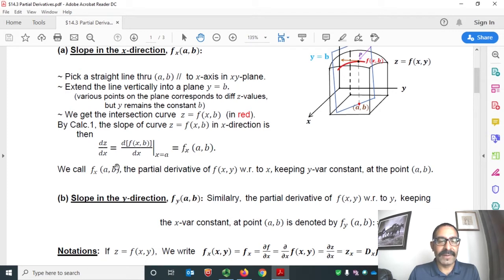Now this f_x(a, b) is called the partial derivative of f with respect to x, keeping the variable y constant, evaluated at the point (a, b). I hope this notation makes sense to you all.